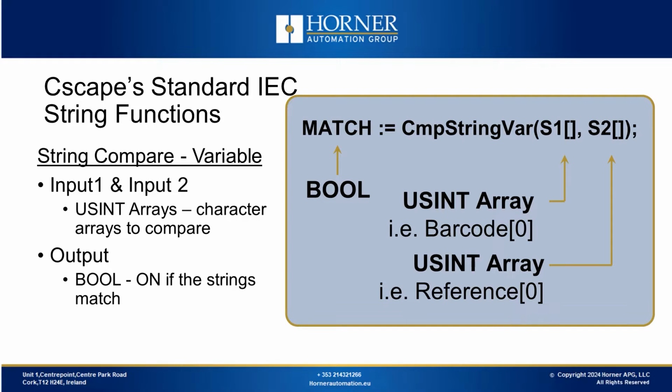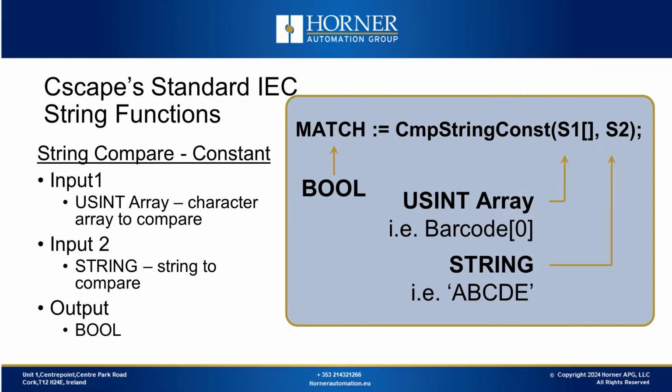We have two inputs for this function, which are both short integer variable arrays. These variables consist of a string of characters. If they match, then this function will return a 1 for the output. In this example, we are assigning this 1 to the variable match.